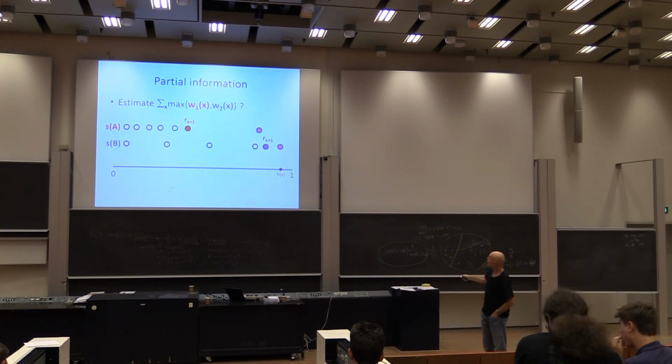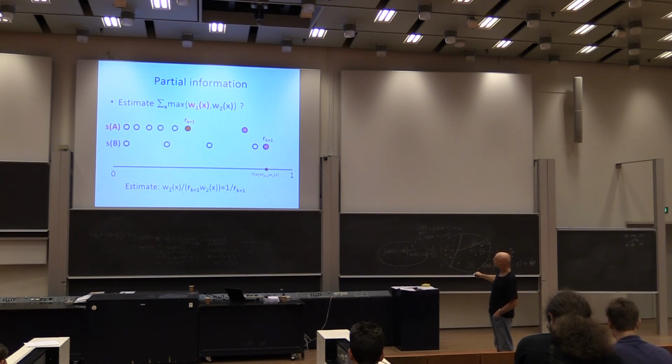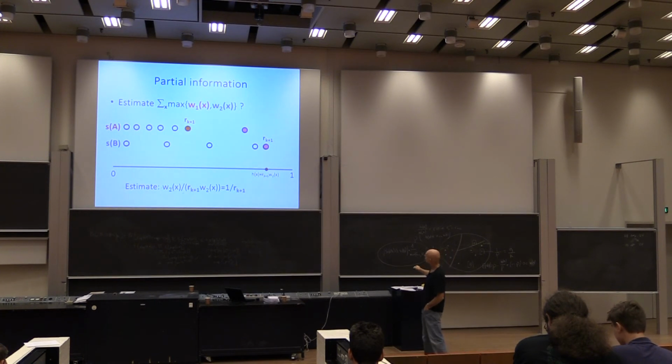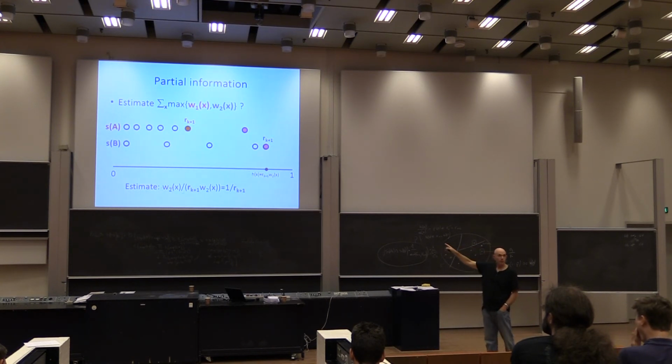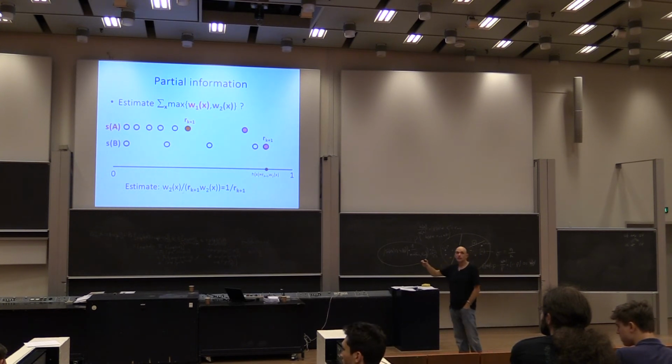When the hash value of the item is really large, I don't see it in any of the samples. So when I start reducing it, at some point, when the hash value of the item is equal to this RK plus 1 times the blue weight of the item, it would show up in the blue sample. And at this point, I already know W2. I can start giving an estimate.